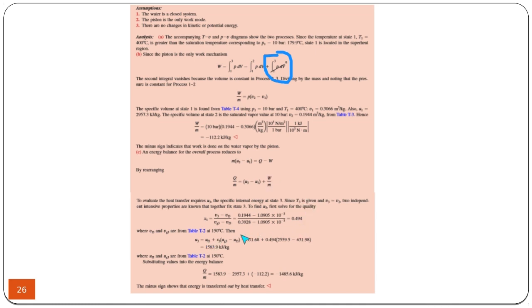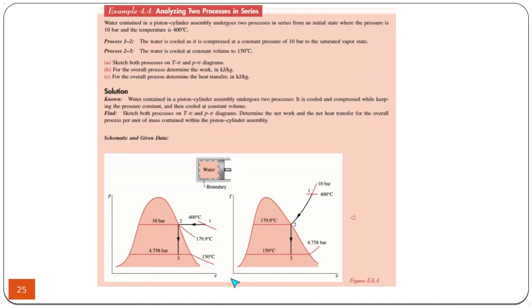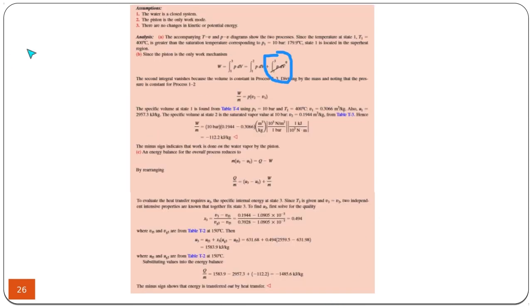First of all, of course, you have to find out the properties in mixture, because during the second process of 2 to 3, the substance inside becomes a mixture. So we have to use the mixture property calculations. In order to use them, we have to calculate first the quality. The quality of the substance inside is almost 50%.